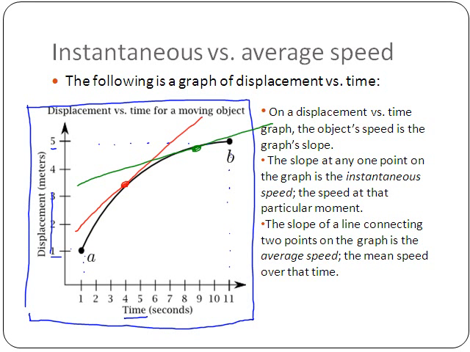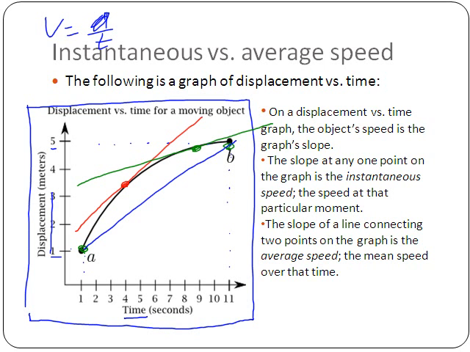Now, what I could do is I could say I'm going to pick point A and I'm going to pick point B right up here, and instead of doing a slope at any one point, I'm going to take effectively sort of like the chord that goes across here, a line that connects 2 points on the graph. Now for that, I could figure out the speed, because speed is distance over time, or displacement over time.